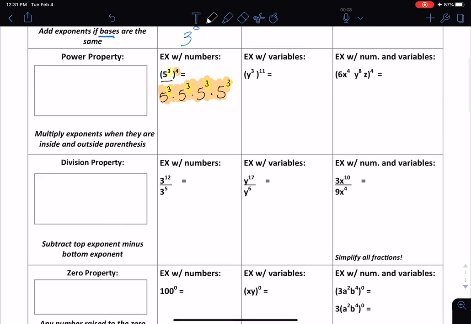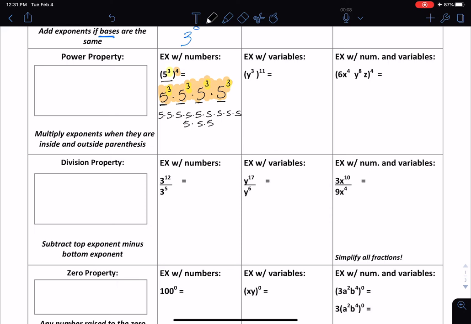Okay, so on this first 5 cubed, I have 3 5s. 1, 2, 3. Then I have 3 more. 1, 2, 3. And 3 more. 1, 2, 3. And 3 more. 1, 2, 3. Whoops. My bad. I meant to put a 5.